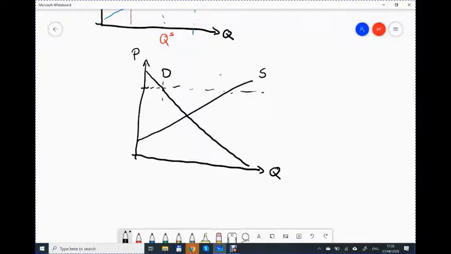At this price, namely, the consumers are only going to demand QD1 amount of good. On the other hand, because of the high prices, theoretically, the suppliers would be very happy to supply a much higher amount of the good. Obviously, most of this supply will not really appear in the market because the demand is much lower.